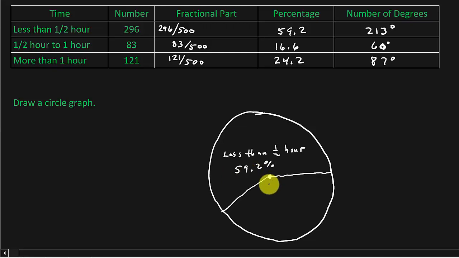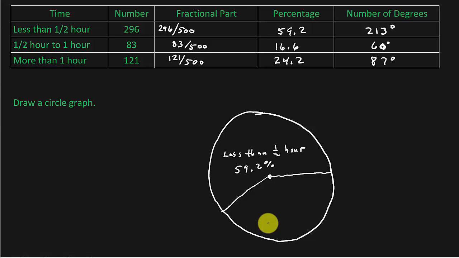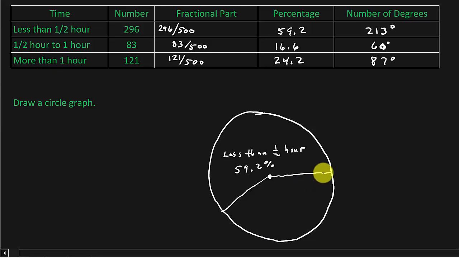And then we've got 60 degrees. So from this line, we need to rotate 60 degrees. So let's see, 213 plus 60 is 273. So you know this goes up. This would be 90 degrees. This would be 180. And then if we go straight down, that's 270.